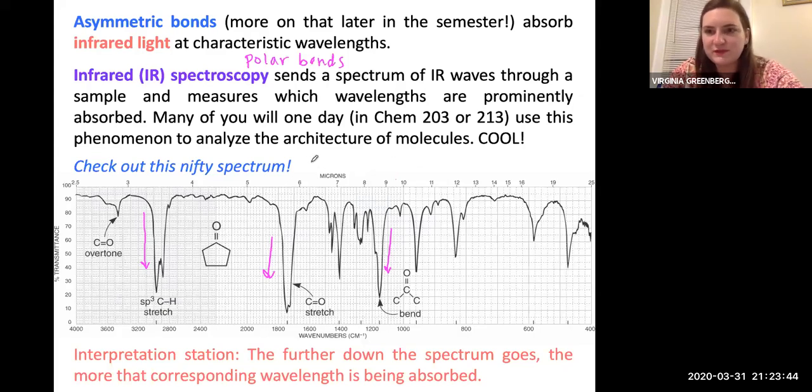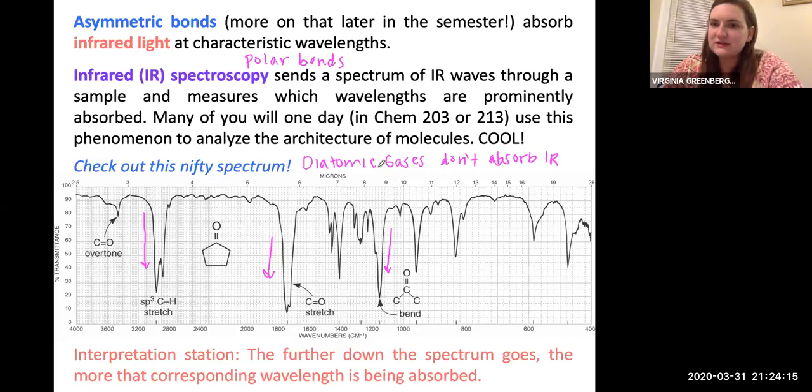And we'll say that most of the gases that we look at in Chem 110 absorb IR light unless they are the diatomic gases, because those will be completely symmetric molecules. The noble gases also do not absorb infrared because they're just single atoms.